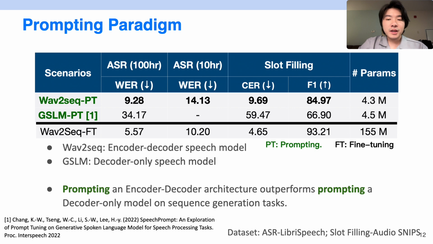For example, with a similar amount of parameters, the performance of ASR improves a lot. Therefore, the result shows that prompting an encoder-decoder architecture outperforms prompting a decoder-only model on sequence generation tasks, and this is the first work that achieved competitive results on sequence generation tasks in the prompting paradigm.